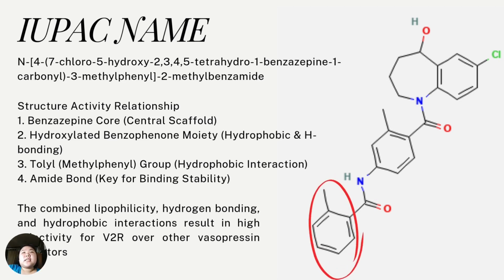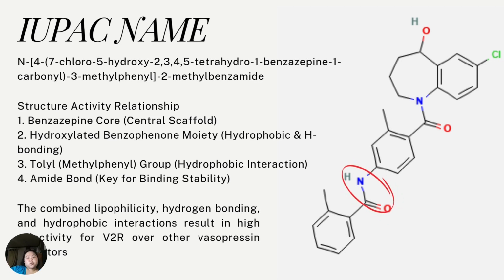Lastly, we have the amide bond, which is key for binding stability. You'll notice the amide, our CONH, over here on the lower part, is the linkage that improves receptor selectivity and enhances drug stability.